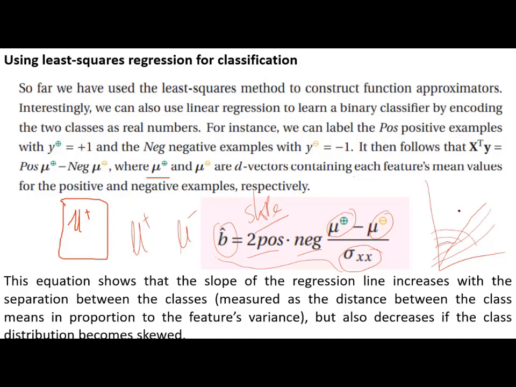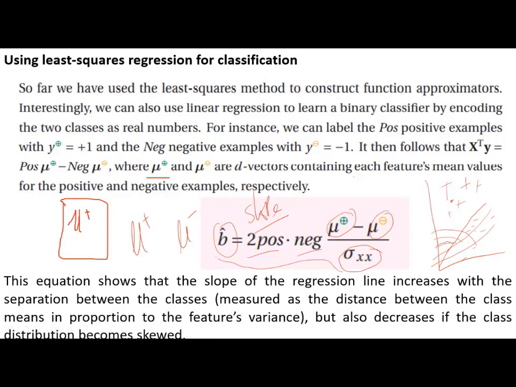As it increases or decreases, the separation changes. See, some positives are here, some negatives are here. This is how it separates. The positives and negatives are clearly separated. If the slope of the regression line increases, the separation between positive and negative classes increases, but it also decreases if the class distribution becomes skewed.